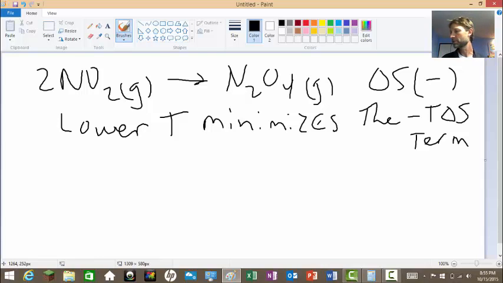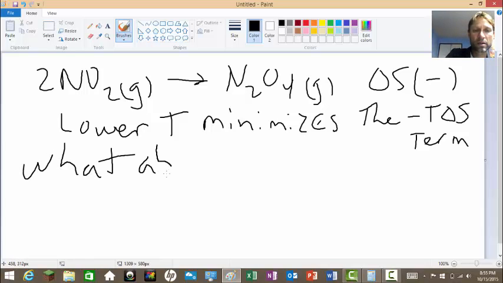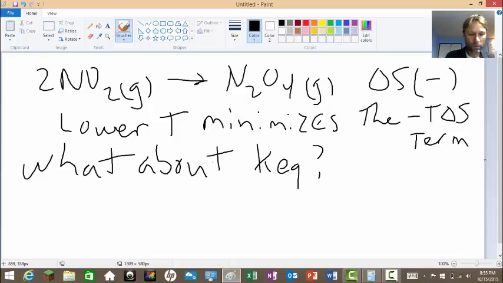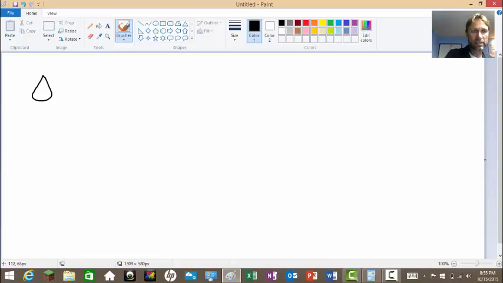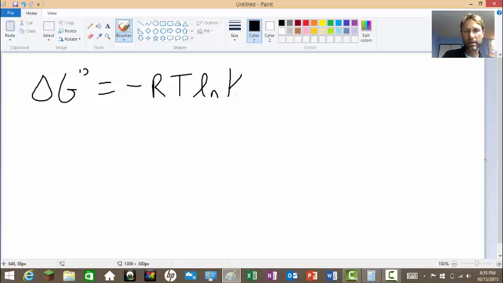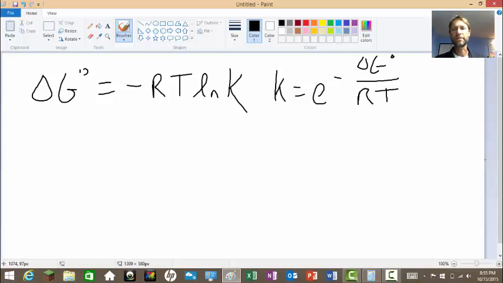Okay, now in addition to calculating the delta G, the free energy change at two different temperatures, we can also calculate the equilibrium constant. What about K EQ? Well, we have an equation for that, and that is delta G0 equals minus RT ln of K. Or another way to write that is that K equals e to the minus delta G over RT.